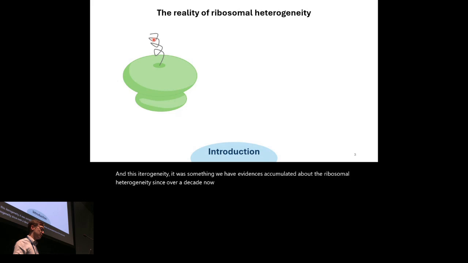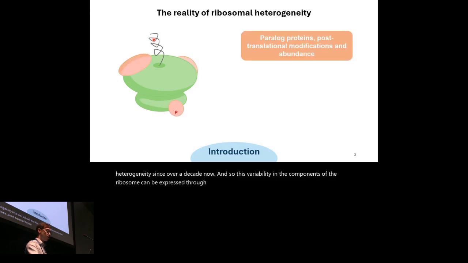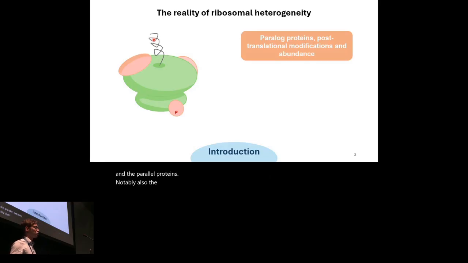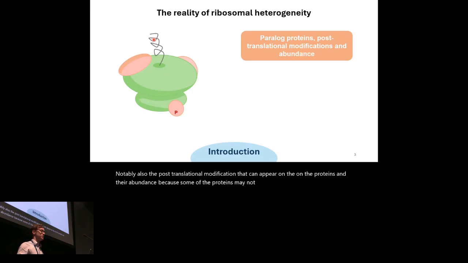This variability in the components of the ribosome can be expressed through different layers. One first layer could be the proteins and the paralog proteins, notably. Also the post-translational modifications that can appear on the proteins, and their abundance, because some of the proteins may not be necessary for the ribosome to keep performing, to maintain its integrity.